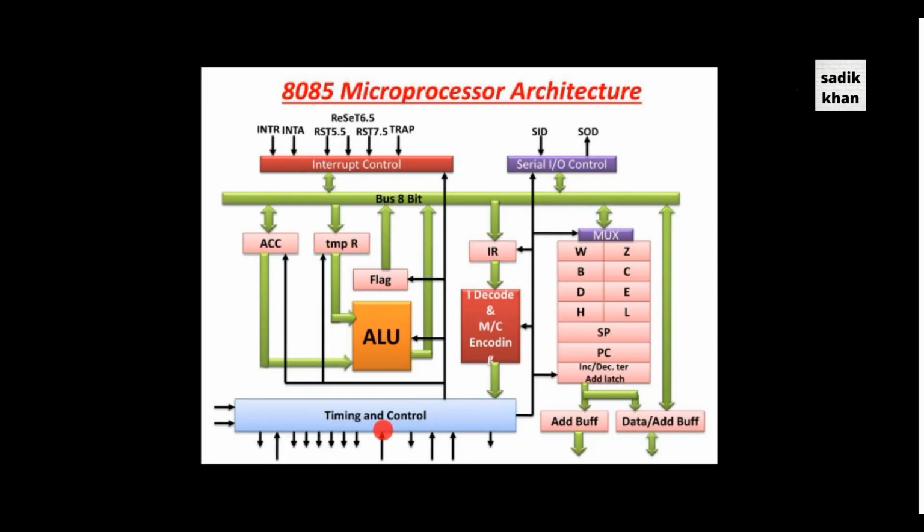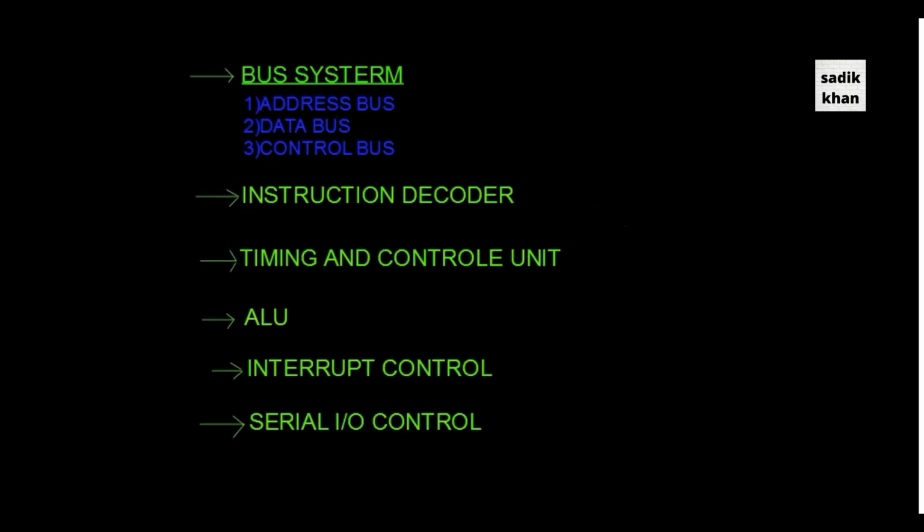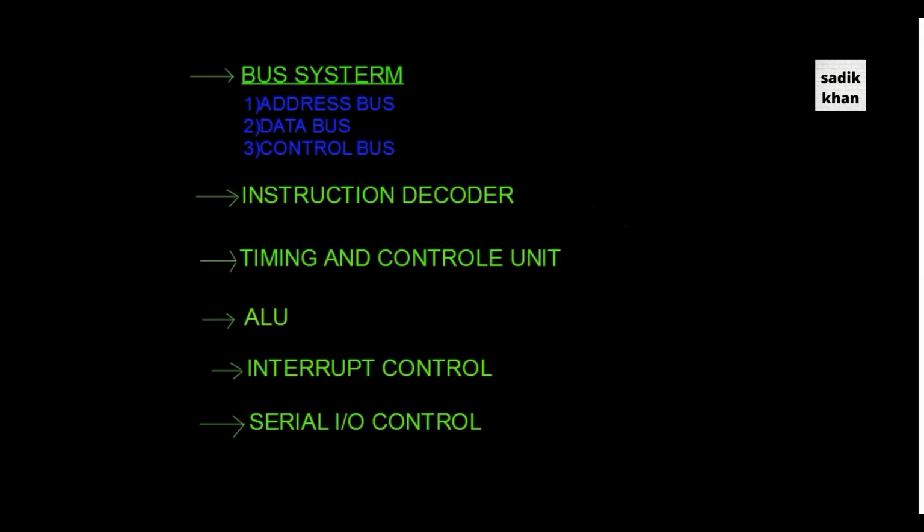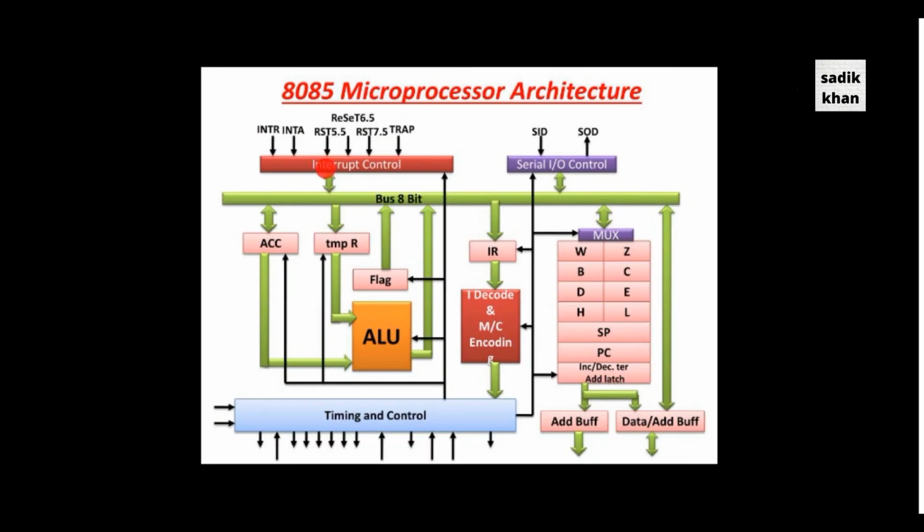The arithmetic and logic unit is here. This is the ALU. It performs arithmetical and logical operations. Now the interrupt control and serial control, these two are here.